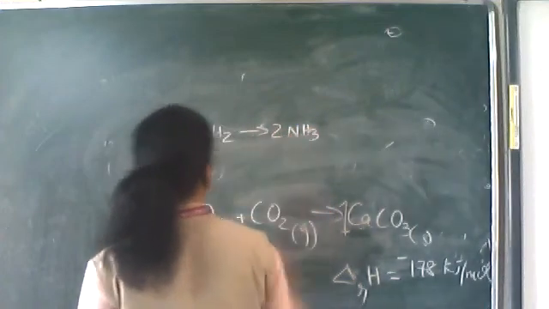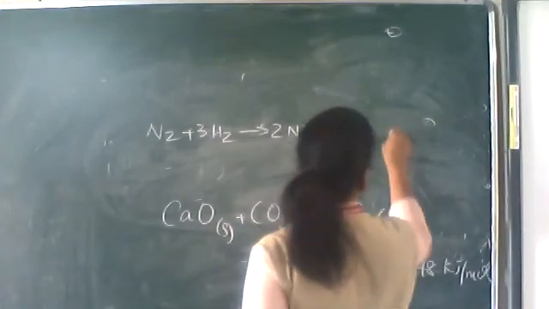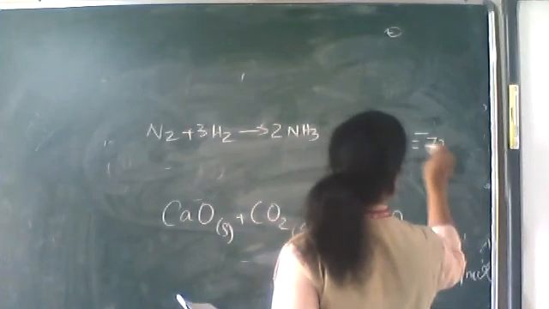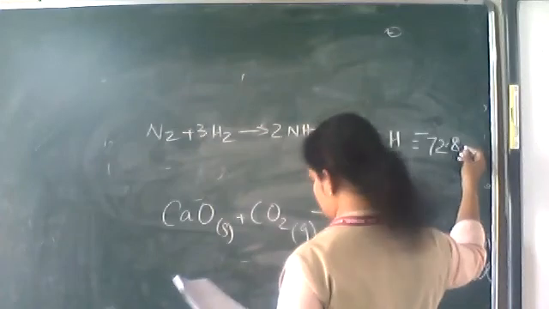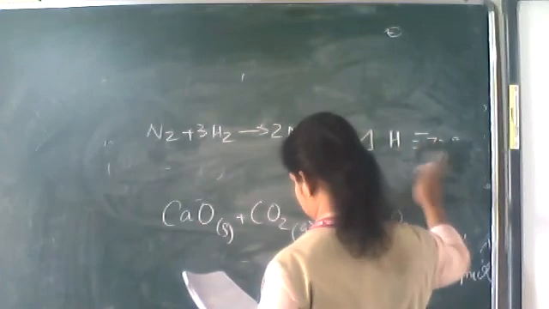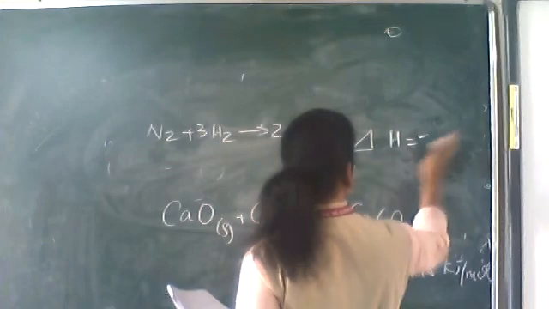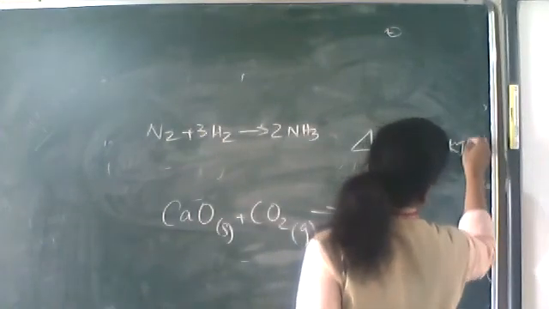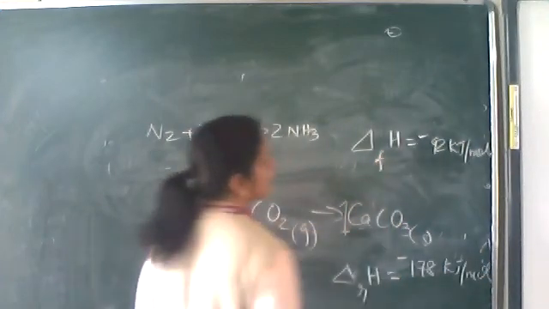Delta H is equal to minus 92 kilojoules per mole. My question is, can I write F here?